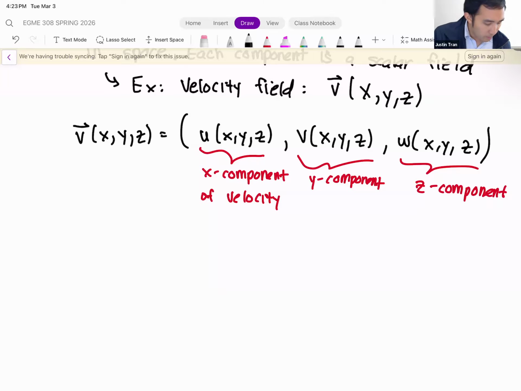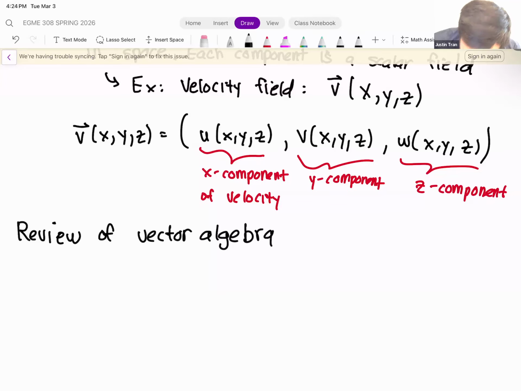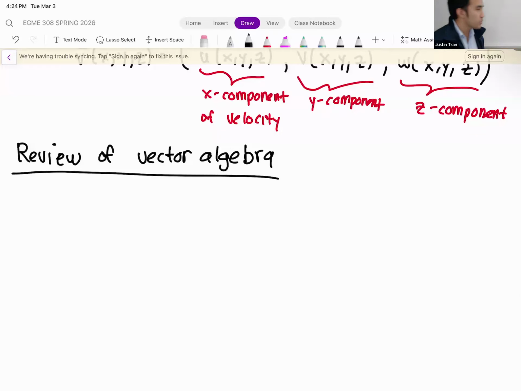So let's do a very basic, quick review of vector algebra. A lot of these vector algebra things you've probably seen before. I hope you've seen them before. But we're just going to review them for the sake of completeness. Let's define a vector. I know it feels strange to define a vector after we've talked about vector fields, but let's do that.